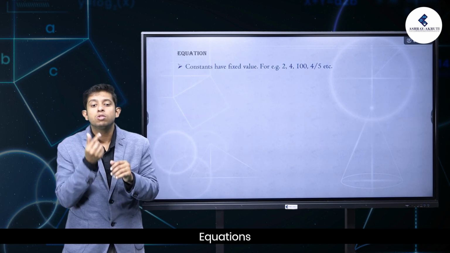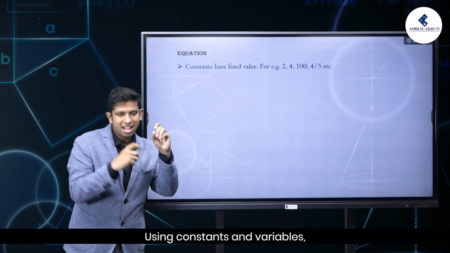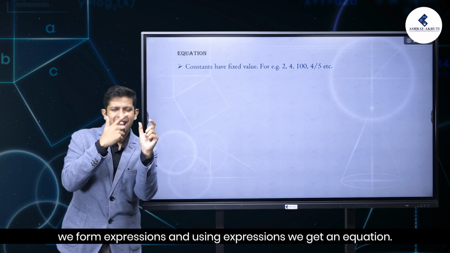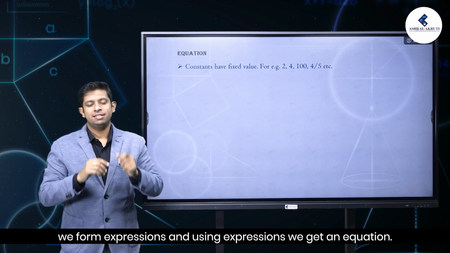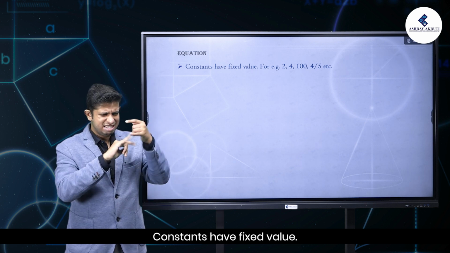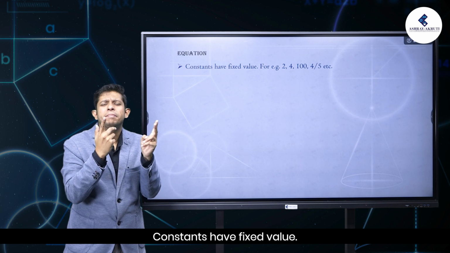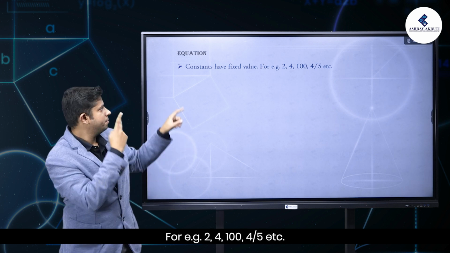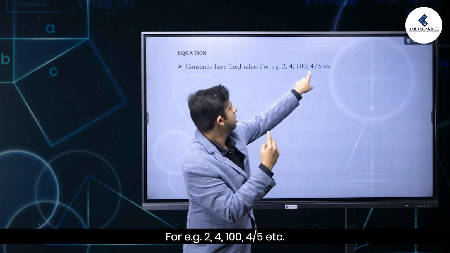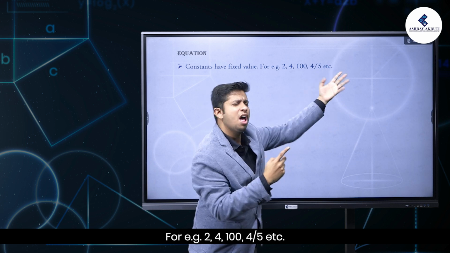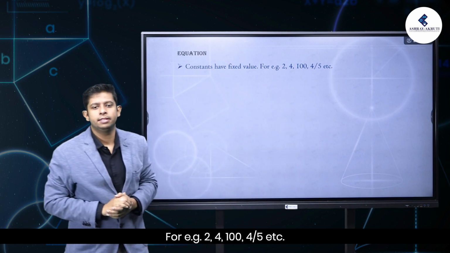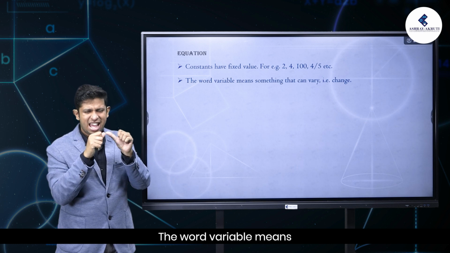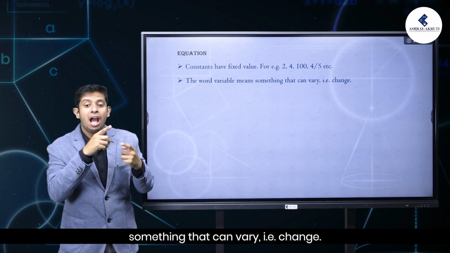Equations. Using constants and variables, we form expressions, and using expressions, we get an equation. Constants have fixed value. For example, 2, 4, 100, 4 by 5, etc. The word variable means something that can vary, that is, change.